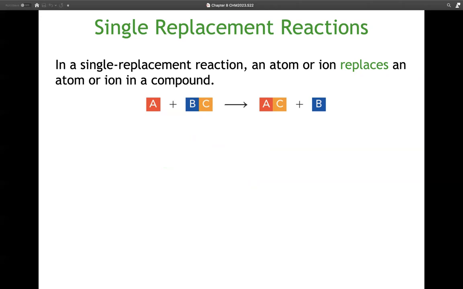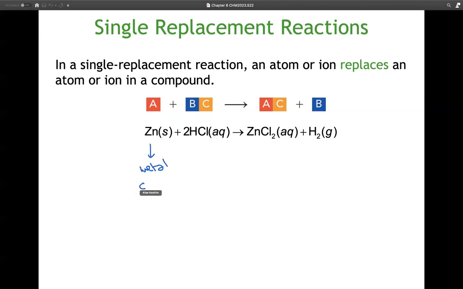Okay, so let's take a look at an example of zinc reacting with hydrochloric acid to form zinc chloride and hydrogen gas. Well, zinc is a metal, and metals tend to form cations.